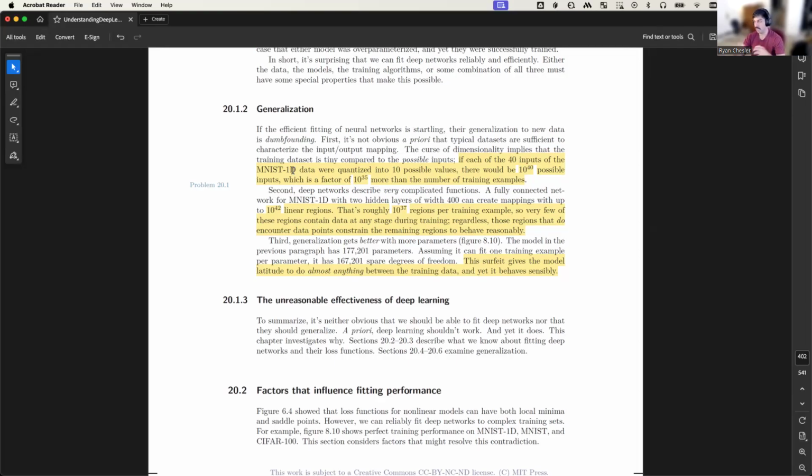So we have this massive number of possible combinations, not very much data to actually describe the entire space, and then we have these networks that are over parameterized, and then magically it all fits together, and we're still able to train something that gets a good result. It doesn't just memorize the values, it's actually able to learn the true underlying pattern, and it still works on brand new data.